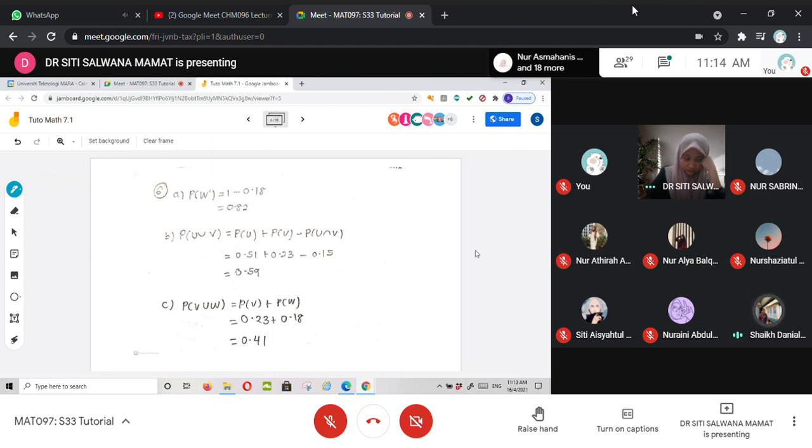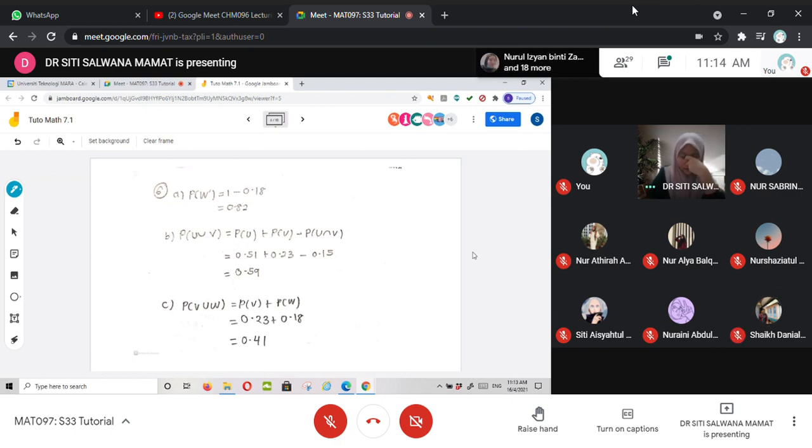So nanti jawapan dia akan dapat 0.59. So dekat C tu dia kata probability V union W if event V and W is mutually exclusive. So kita just tambah je lah probability V plus probability W is equal to 0.23 plus 0.18 and answer is going to be 0.41.